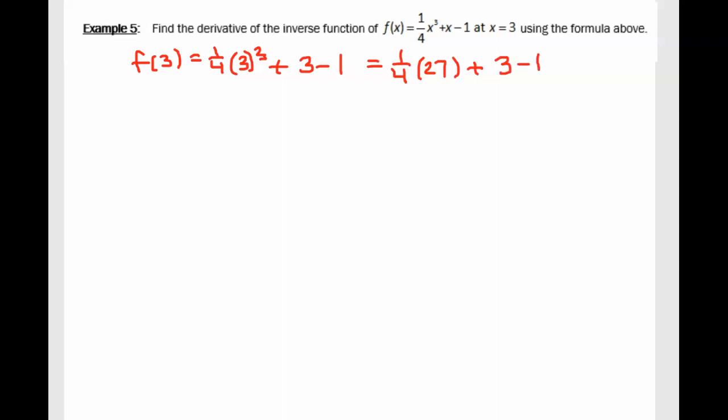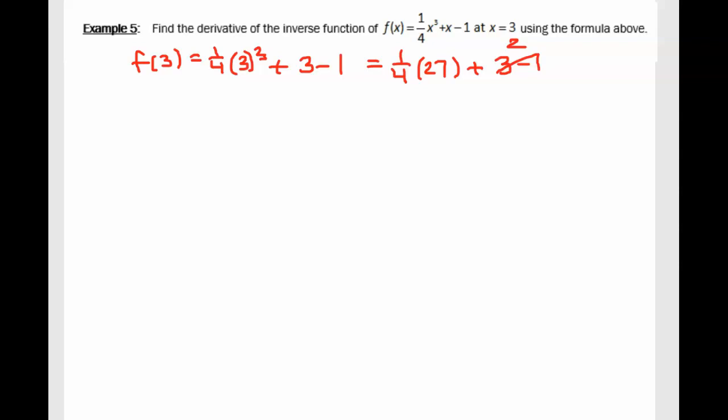So f of 3: 3 cubed is 27, 1/4 times 27 plus 3 minus 1, well 3 minus 1 is 2, and 27/4 plus 2 is really like 27 fourths plus 8 fourths.